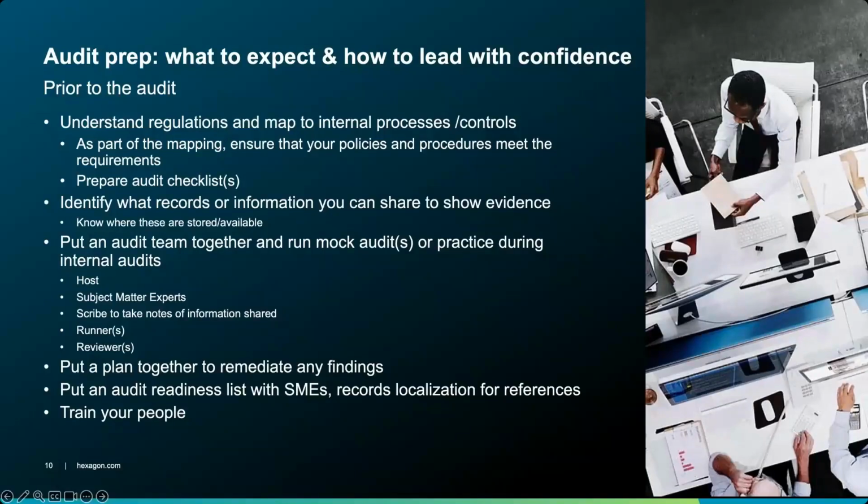And you're going to have a reviewer. The reviewer is a person that's going to make sure that the form, the record, whatever you're providing as evidence has been filled out correctly and is the right information that you want to share. If you don't have a big team, the runner and the reviewer could be the same person, and sometimes the host can also take the notes on what documentation has been shared.